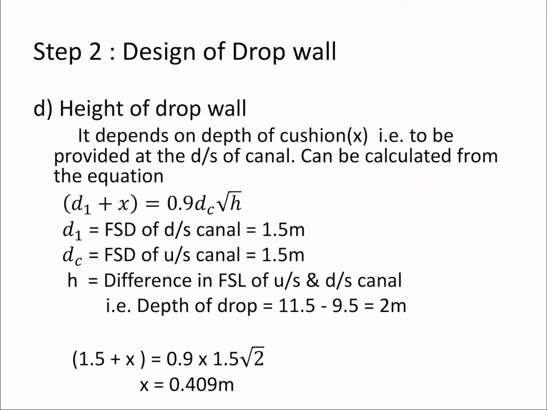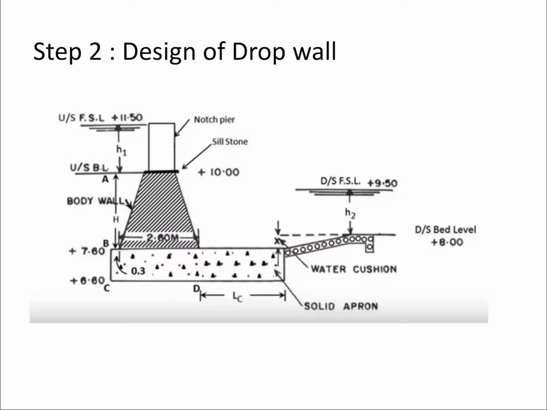So there is an equation: d1 plus x is equal to 0.9 dc root h, where d1 is the full supply depth of the downstream canal, which is 1.5 meter, and dc is the full supply depth of the upstream canal, which is also 1.5 meter, and h is the difference between the full supply level of the upstream and downstream canal, which is 11.5 minus 9.5, equal to 2 meter. Substituting, we will get x is equal to 0.409 meter. We are approximating it as 40 centimeter.